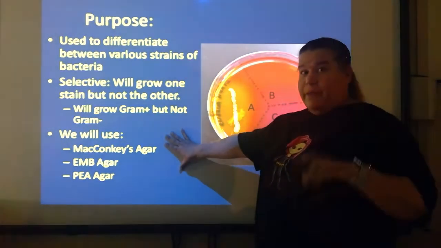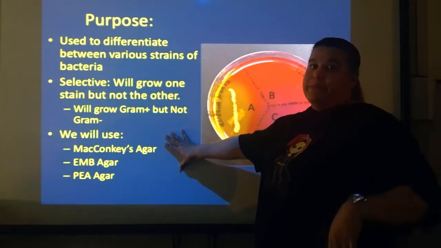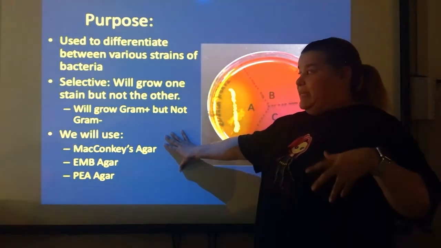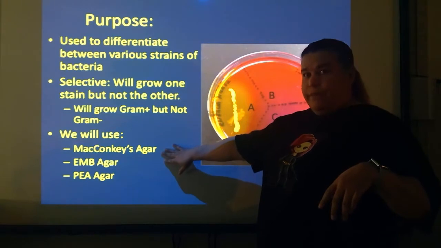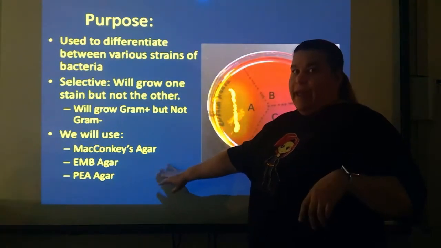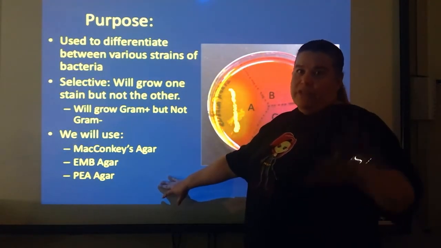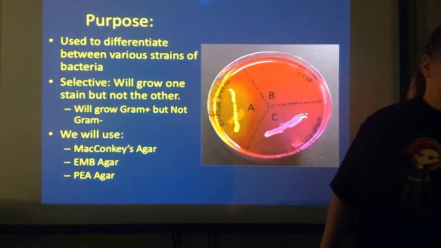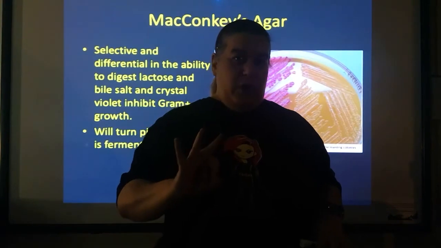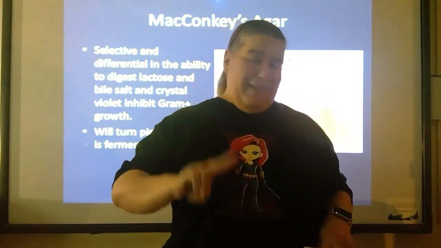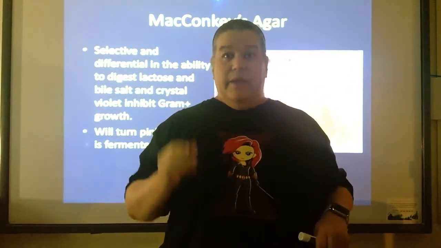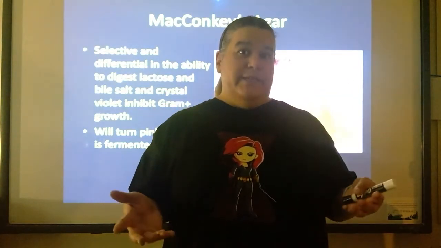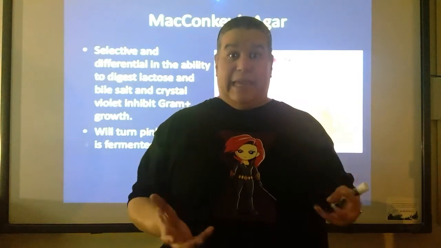In this experiment, we will use 3 different types of selective and/or differential media: MacConkey agar, EMB agar, and PEA agar, which I'll tell you what the abbreviations stand for in just a second. These 3 agars have specific characteristics that allow them to be selective.